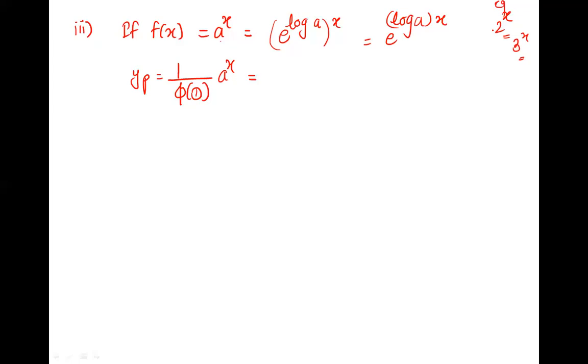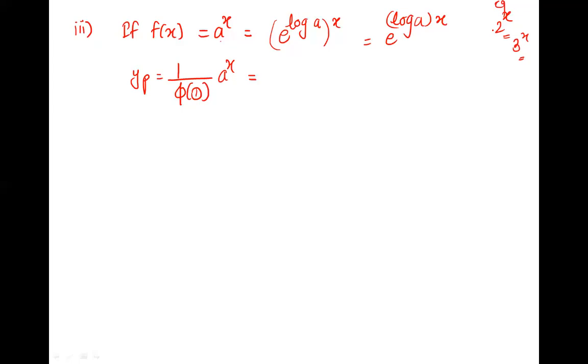Last, we'll see if f of x is, say, a raised to minus x. How can you convert it into E? Tell me. A is there again. A can be written as E raised to log A, isn't it? And raised to that minus x as it is to the power.